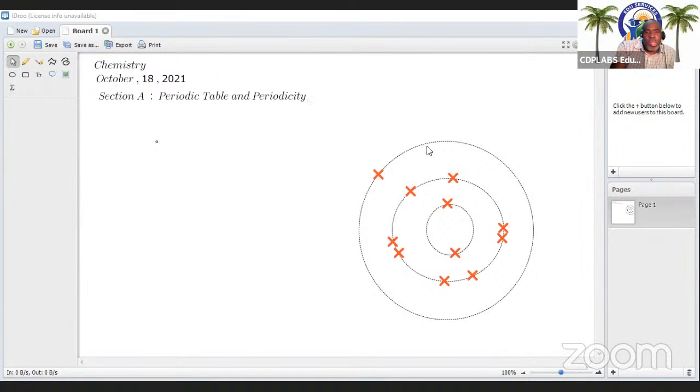Let's draw some more. So we're going to draw another shell.